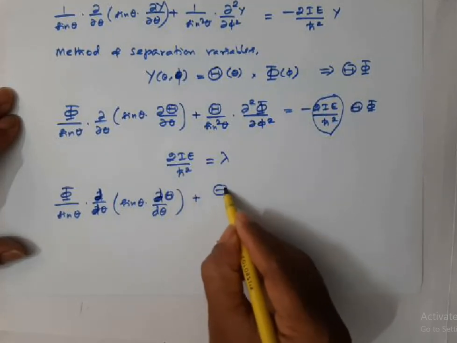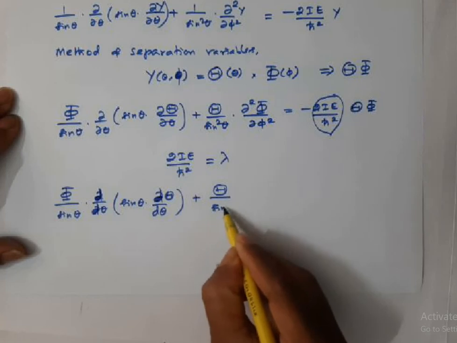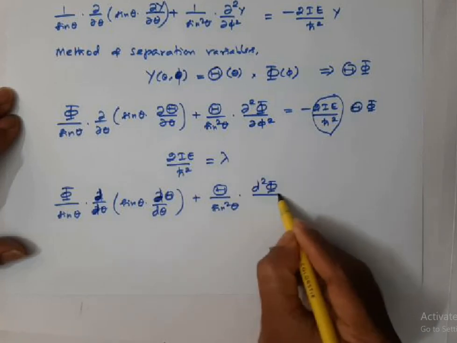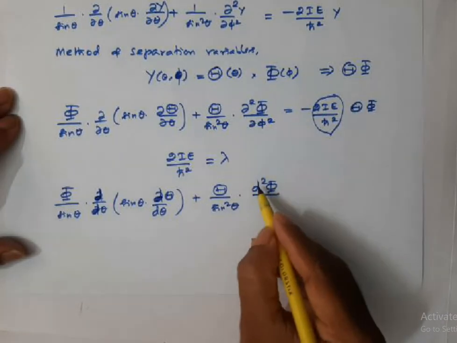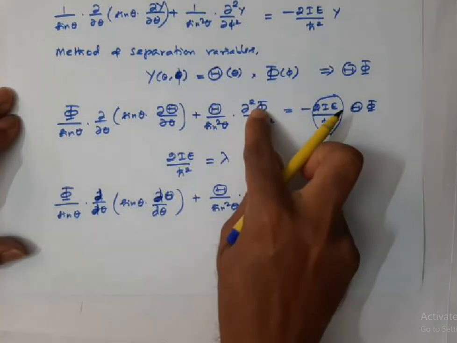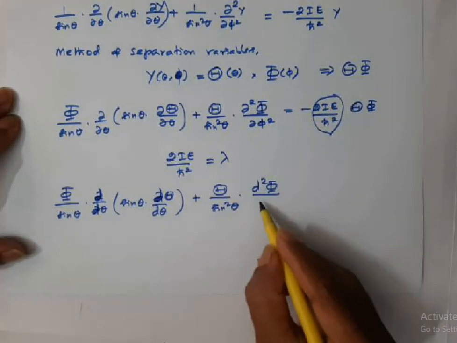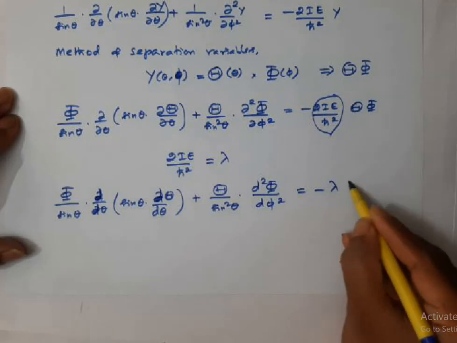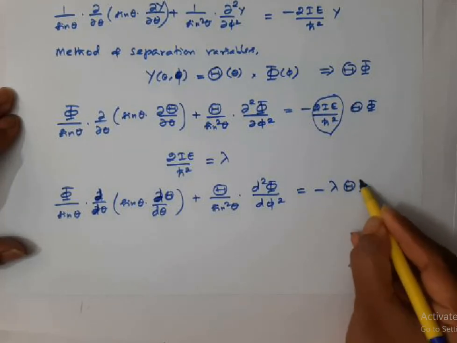Similarly here, Theta by sine square theta into d square Phi. Why am I changing partial differentiation into full differentiation? Because the function depends only on one variable now. Equal to minus lambda into Theta into Phi.